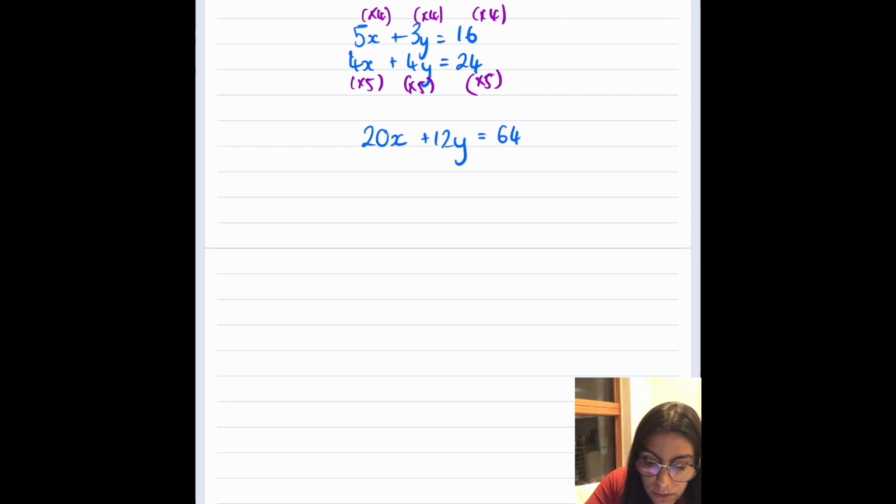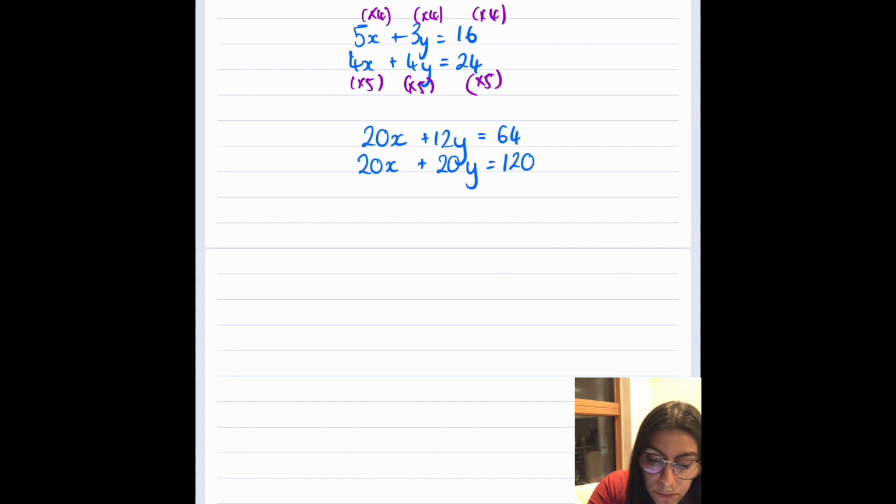And we'll go with 20x plus 20y equals 120. Nice.